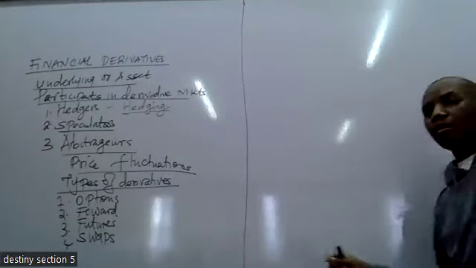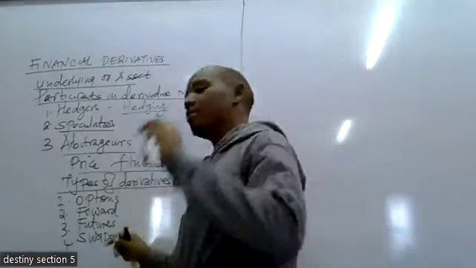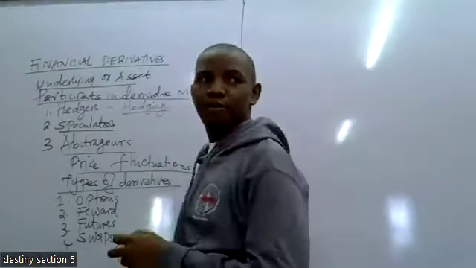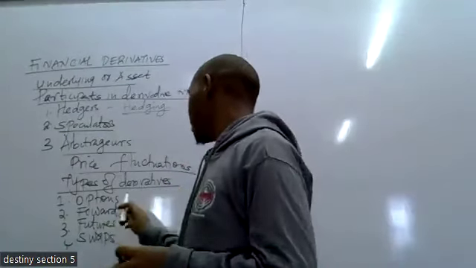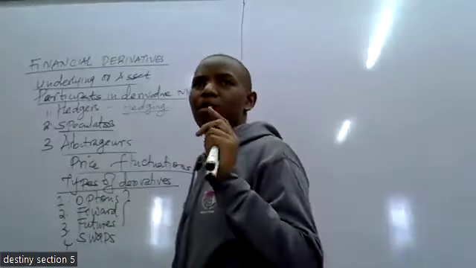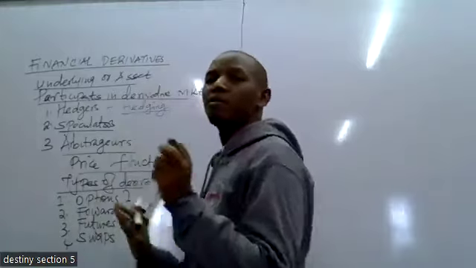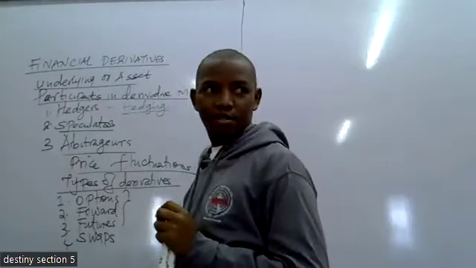Now, this is basically covered in a unit in the curriculum. We call it derivative analysis. If you want to understand more of this, here we normally categorize them into two: the forward commitments and the contingent claims.